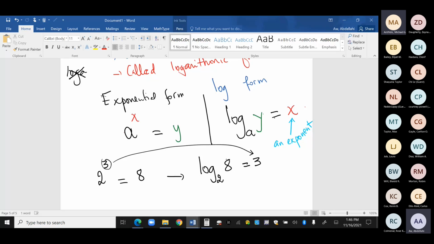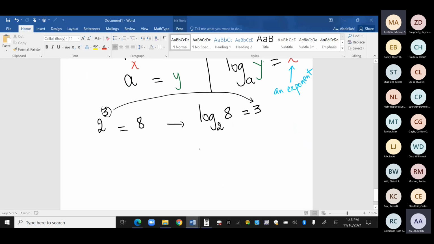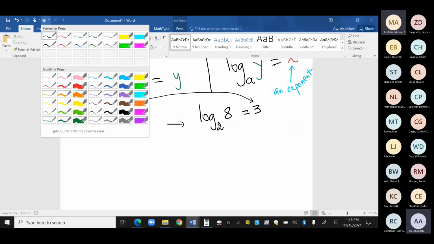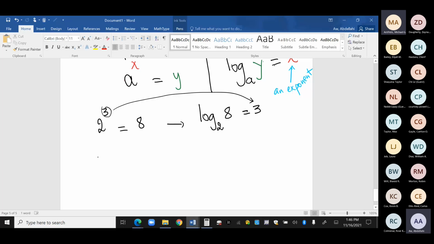Now, if you are about to get confused about what should be inside the log and what should be on the other side, remember this: the output for the log is always the exponent. Remember that phrase. If I do 10 to the negative 2 power is 0.01, what's going to be the log form then?